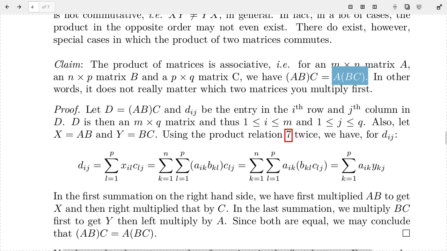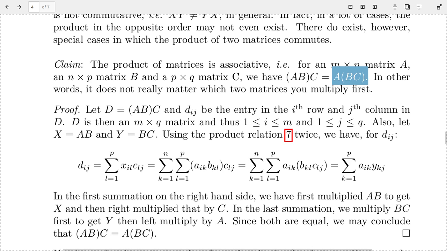We also let X equal AB and Y equal BC. So then Dij is of course equal to Xil times Clj, where l is summed from 1 to p. This is equal to, now Xil is of course equal to Aik times Bkl, because remember X equals AB, so you do the summation again, where k goes from 1 to n, times Clj.